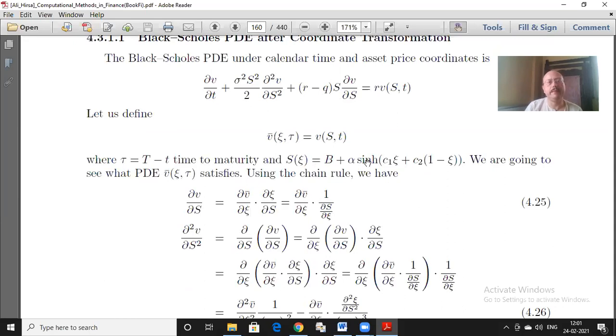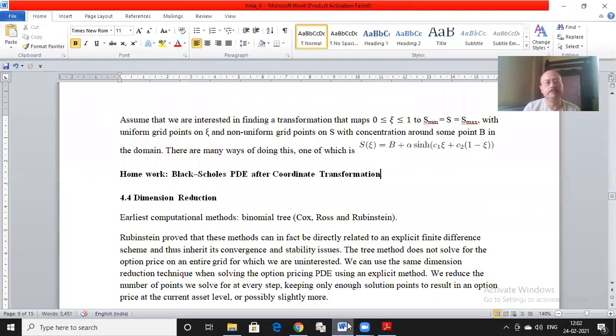And again, this is the candidate that is used in the example as we have discussed. So my PDE will also be transformed. All the partial derivatives will have to be evaluated in terms of xi, and you will get a final set of equations with the initial and boundary conditions in place of the Black-Scholes PDE.